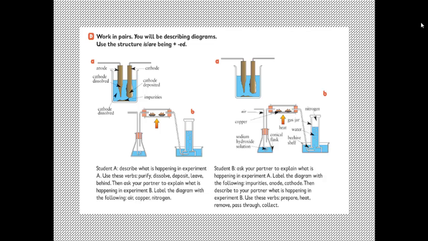Then you can ask your partner to explain what's happening in experiment B. Label the diagram with the following: air, copper, nitrogen.